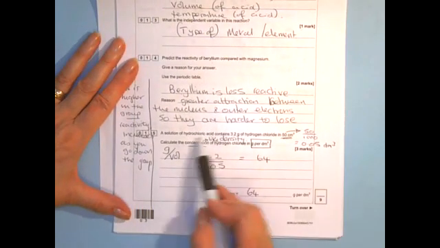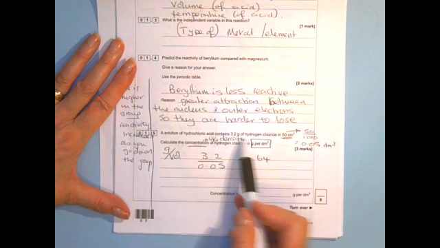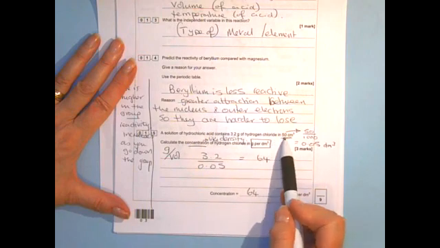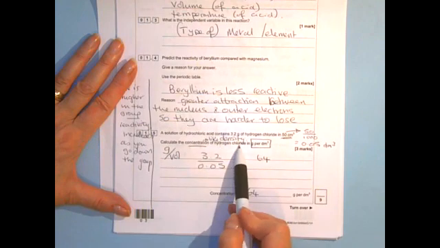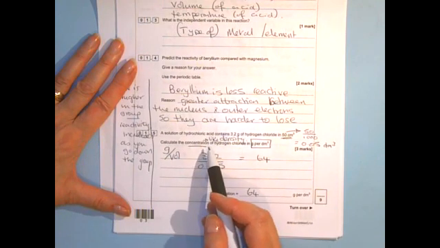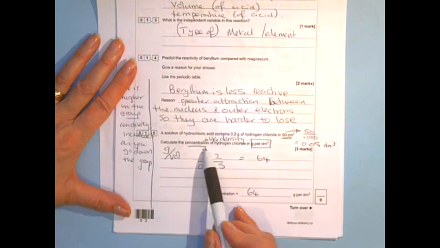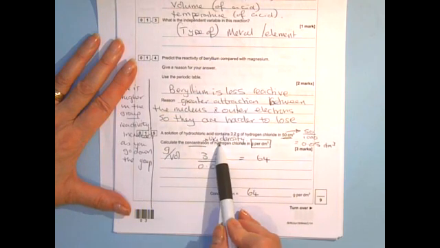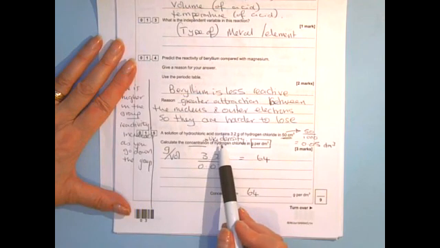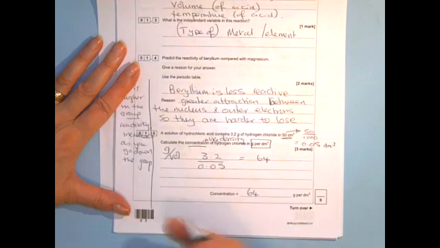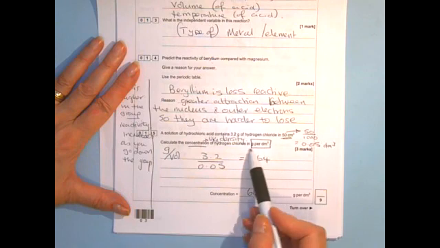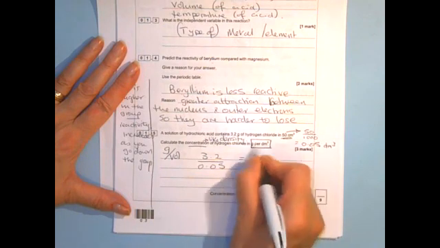1.5, a solution of hydrochloric acid contains 3.2 grams of hydrogen chloride in 50 centimeters cubed. Calculate the concentration of hydrogen chloride. Concentration is just another word for density, so like density of a liquid. So we can measure density as grams, so it's grams per unit volume, or we do tend to use at higher tier moles per unit volume, but we're looking at grams, and it does say in grams per decimeter cubed.